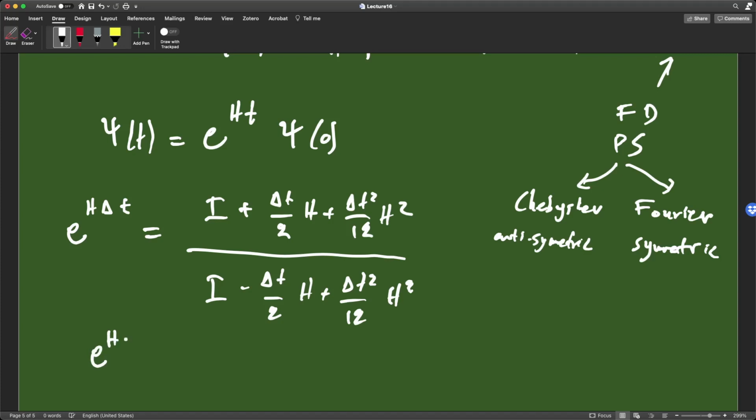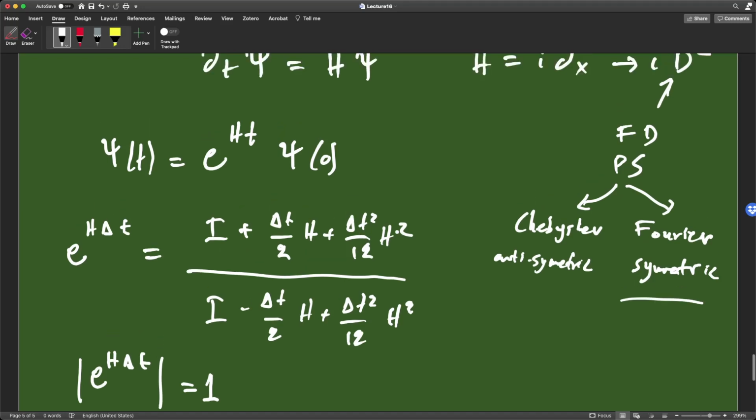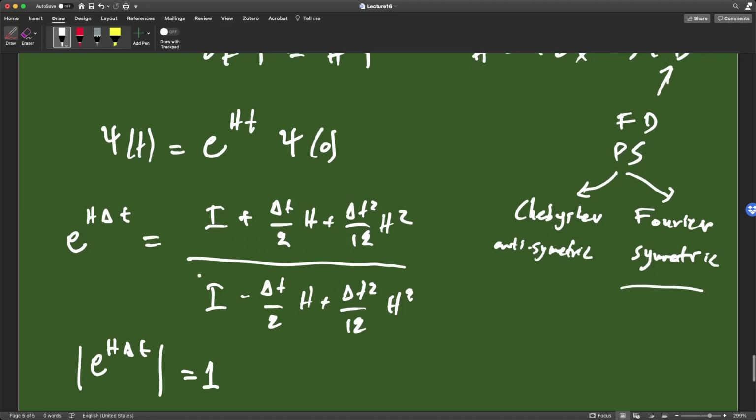So this result is exact. If H is symmetric, like with Fourier discretization, then this result will also hold after we discretize. But if we use Chebyshev methods here, then this will no longer have a unit modulus.